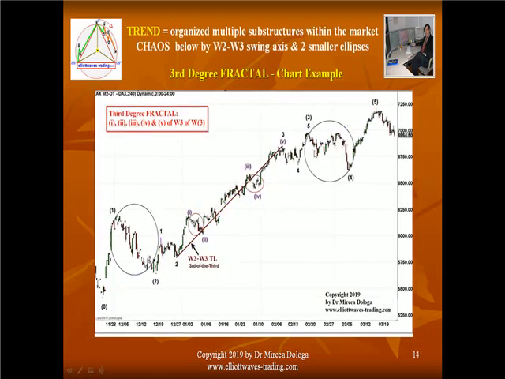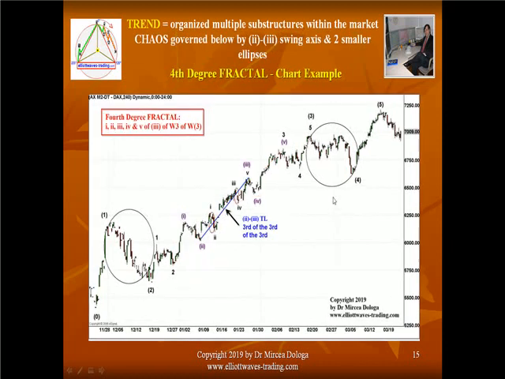Let's go even further, and instead of taking the W3 parentheses, we take only the W3 wave. Again, we take the trend line from the beginning of W3 to the end of W3, and we have the two allocated corrections. This is of the subwave 2, and this is of the subwave 4. Of course, this is in Roman form, parentheses. We go even deeper than that, which is the fourth degree fractal.